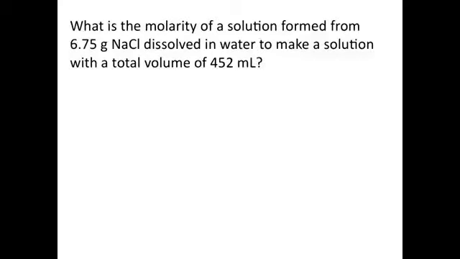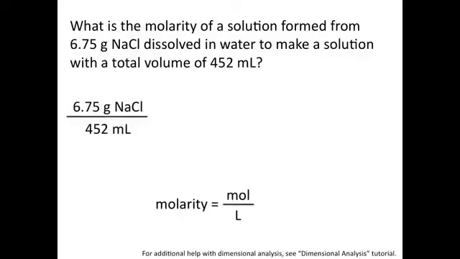Example: we have 6.75 grams of sodium chloride in 455 milliliters of water or solution. What will be the molarity? Remember, molarity is equal to moles divided by liters. So you have 6.75 grams of sodium chloride divided by 452 milliliters.